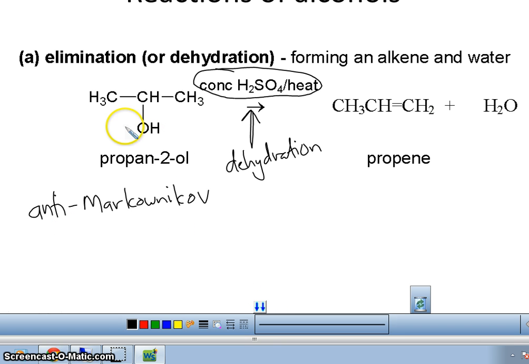Now I've given you a nice example in this one here, propan-2-ol, which is symmetrical. So it doesn't matter if I take one of those hydrogens or one of those hydrogens, I'm always going to end up with prop-1-ene.